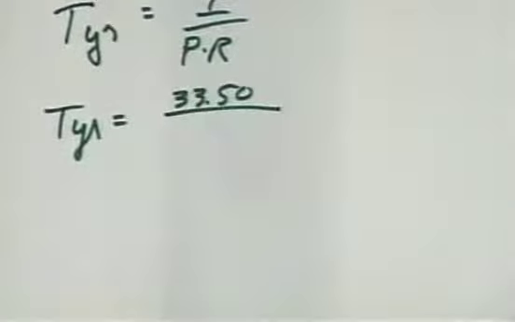So the amount of actual interest that you earned was $33.50. Okay, now what number goes in there for P? Is it 600 or is it 633.50? 600. That's right, 600.